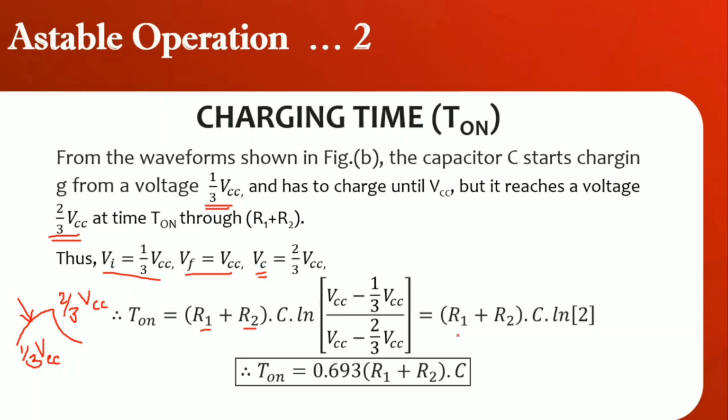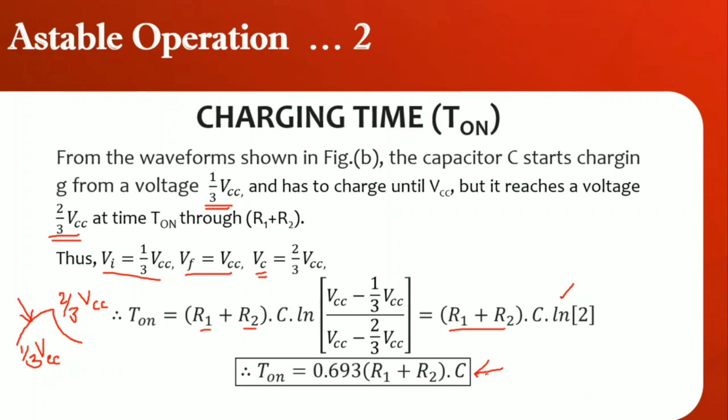Its value will be R1 plus R2 into C into ln of 2, the natural log of 2, since the ratio comes out to 2. What is the value of ln of 2? It is 0.693. So T1 is equal to 0.693 into R1 plus R2 into C.